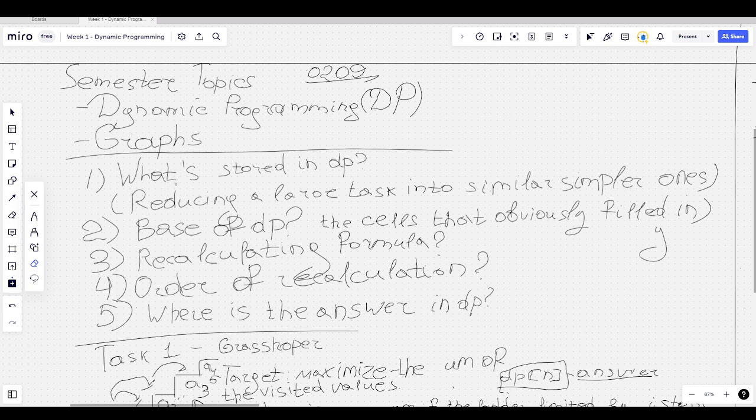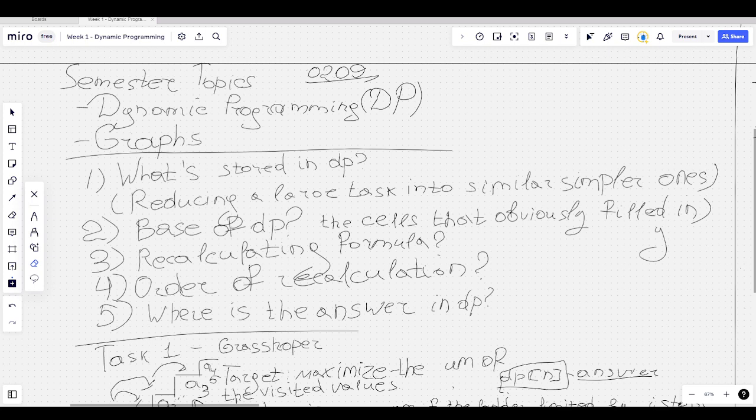So the first question: what is stored in DP? DP is usually an array that contains numbers, that contains the answers for the tasks that are similar and simpler. The second question: base of DP. Base means obvious answers that we need to fill in our DP array.